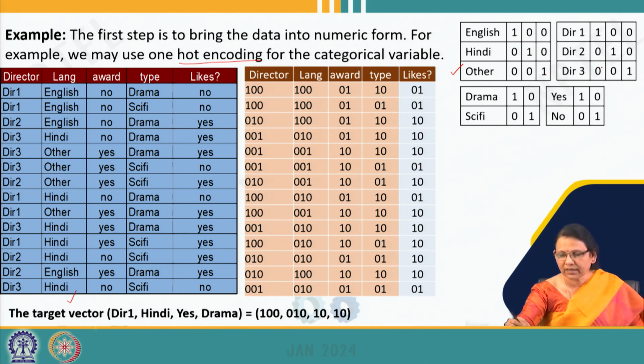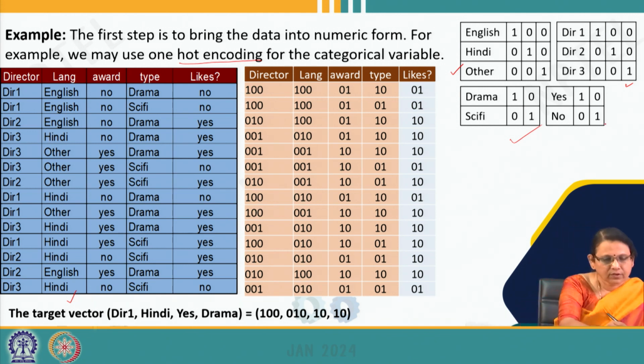Similarly, for director you obtain the encoding. For type, we have only 2 types of movies, drama and sci-fi, and yes and no are encoded similarly. So, now we represent each record in terms of this encoding.